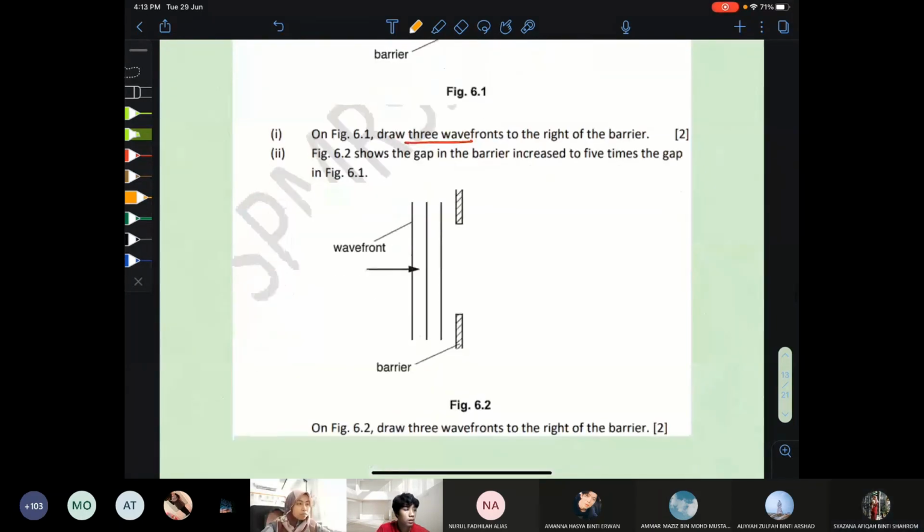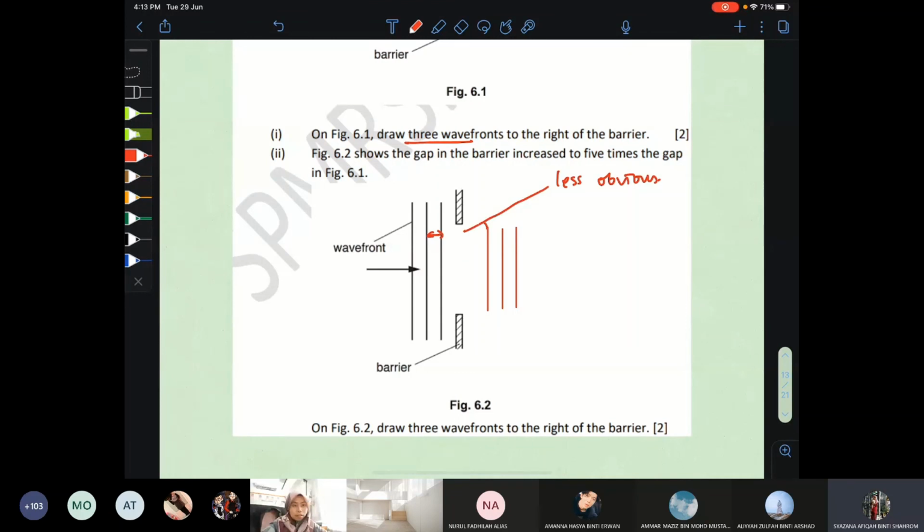Next, okay, figure shows the gap in the barrier increased to 5 times the gap in figure 6.1. So this new one akan jadi less obvious. Yang ni awak guna pembaris sajalah. Awak guna pembaris, make sure wavelength about the same. Awak buat straight. 1, 2 and 3. Right. Tapi lepas tu nak buat apa? Hujung ni curvekan sikit lah.